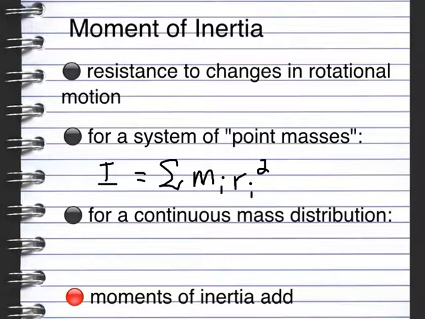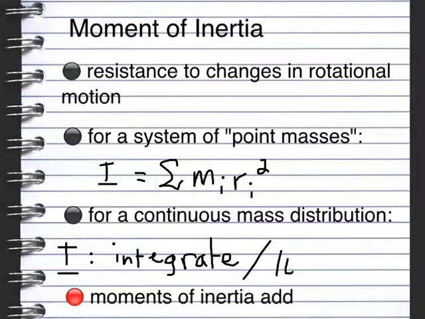For a continuous mass distribution, to find the moment of inertia, we would need to integrate or look it up. And then finally, when we have a more complex system, which might include point masses and continuous mass distributions, the moments of inertia add together to create a total moment of inertia.